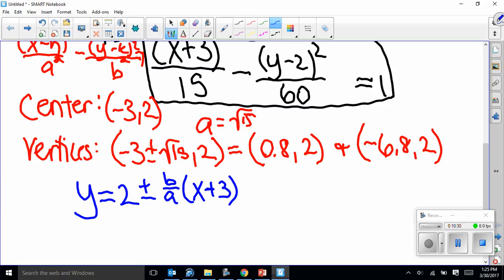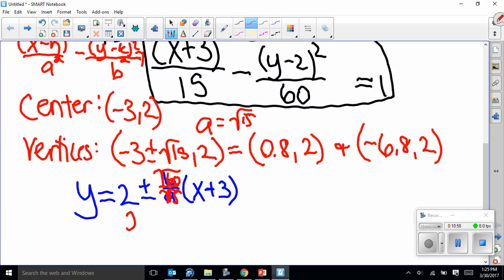And then we know what our b value is. That is square root of 60. And a is the square root of 15. And so, since these are both square roots, we can take 60 divided by 15, which is 4. And then the square root of 4 is just 2.